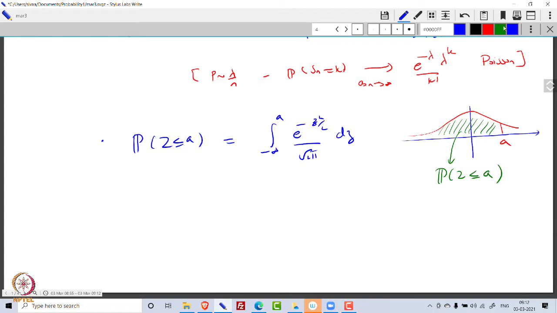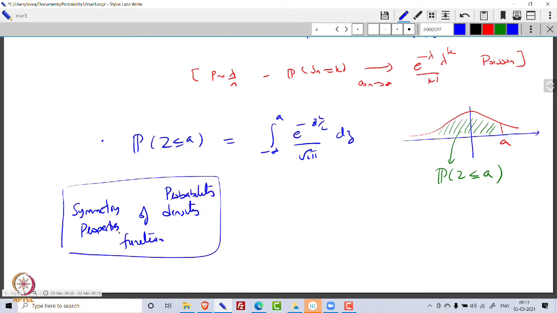And using the several symmetry properties of the density function, we showed many things.